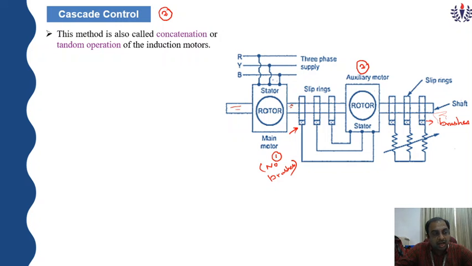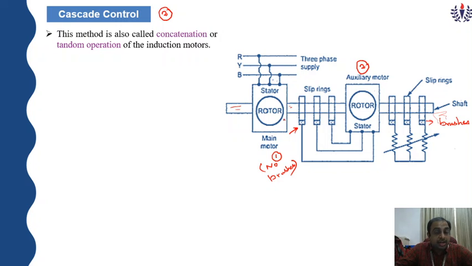If the torques produced by both motors act in the same direction, it is called cumulative cascading.